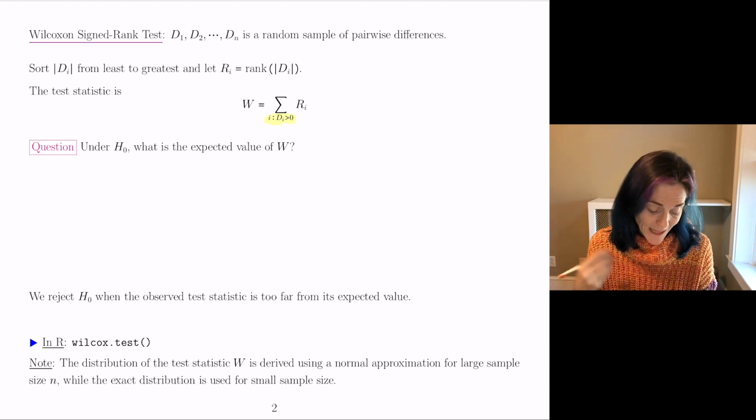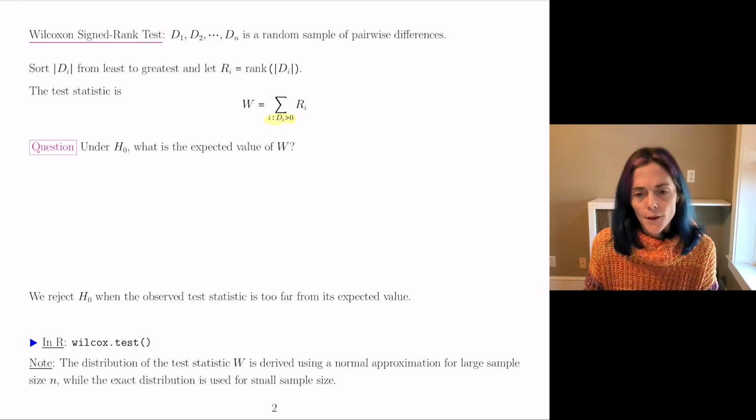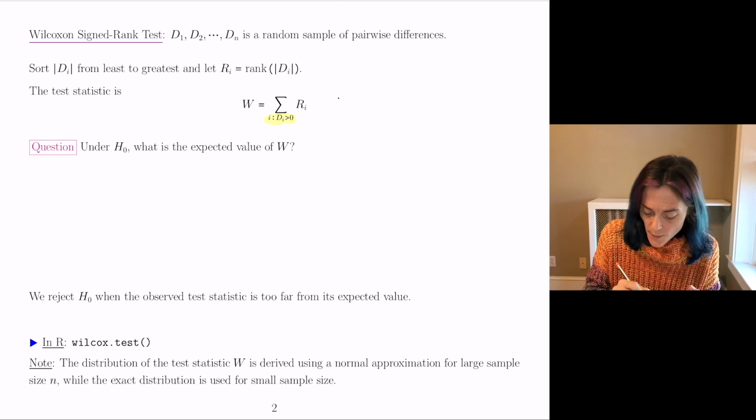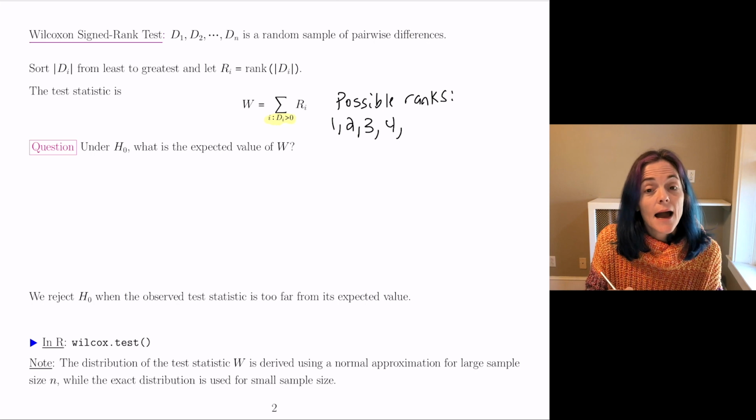So the question that comes up is, under the null hypothesis, what is the expected value of W? Well, let's think for a moment. The possible ranks are rank 1, rank 2, rank 3, rank 4, out to rank n.